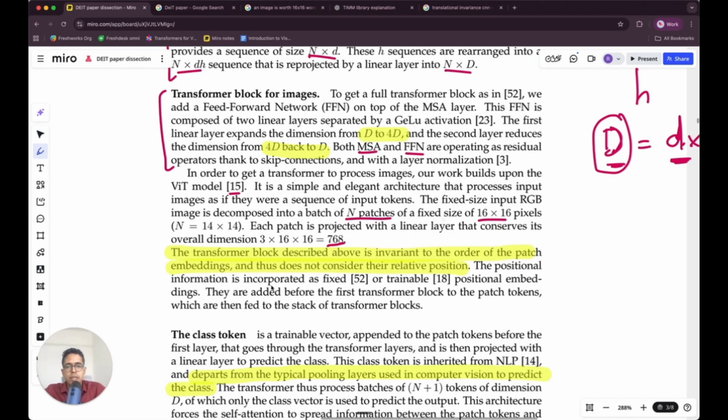The positional information is incorporated as fixed or trainable position embeddings. In the vision transformer paper, they have tried both fixed embeddings as well as trainable embeddings for position embedding, and both were found to work similarly to each other. They are added to the patch tokens before the first transformer block, which are then fed into the stack of transformer blocks. So this first paragraph was about the transformer.